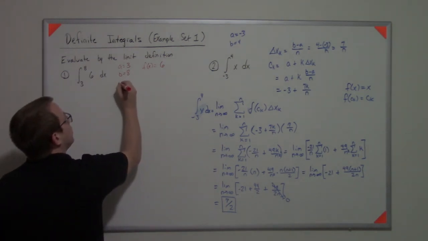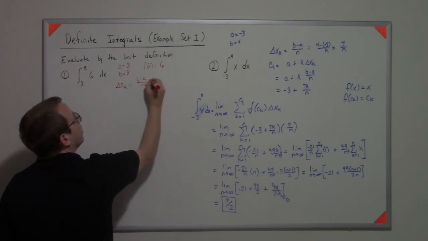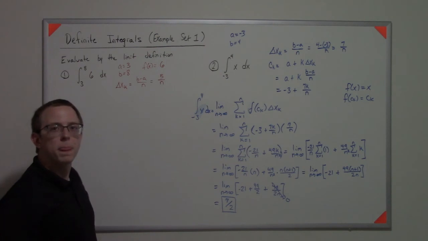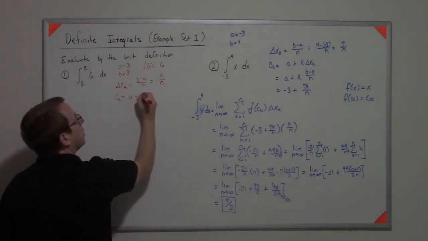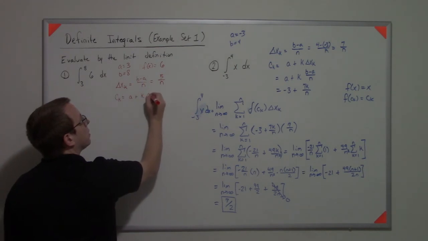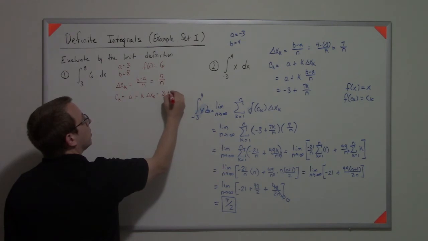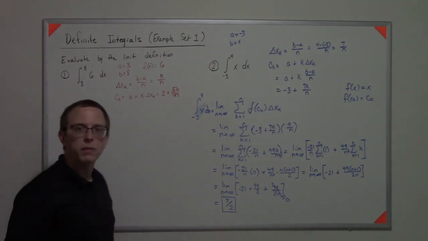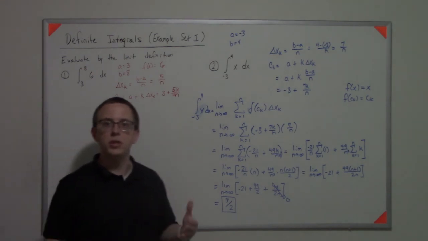So our delta xk is b minus a over n, which becomes 5 over n. And then our ck is a plus k delta xk, which is 3 plus 5k over n. But again, we're not going to be using that, it's just there for us.